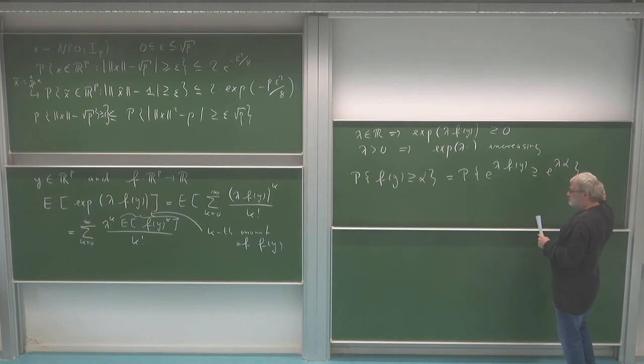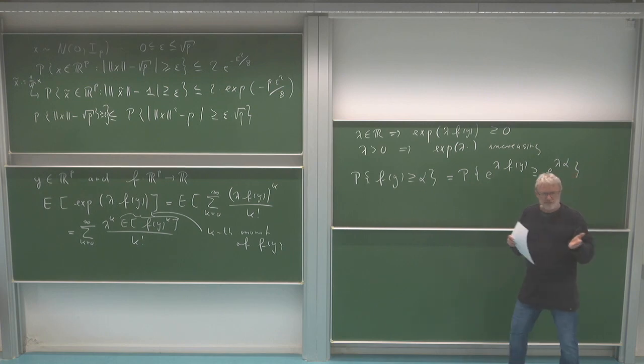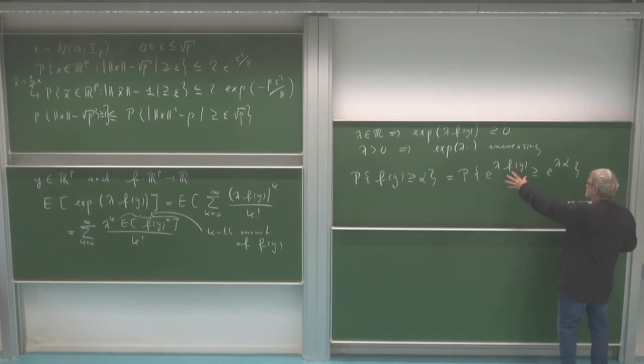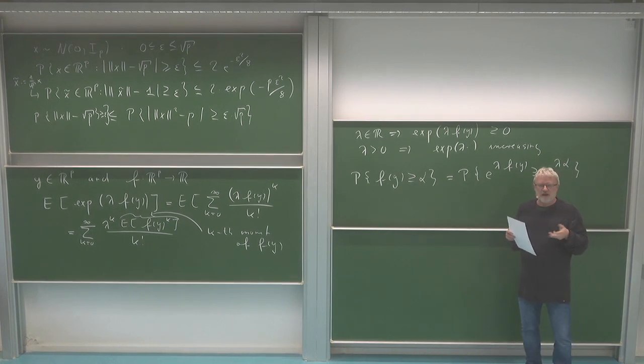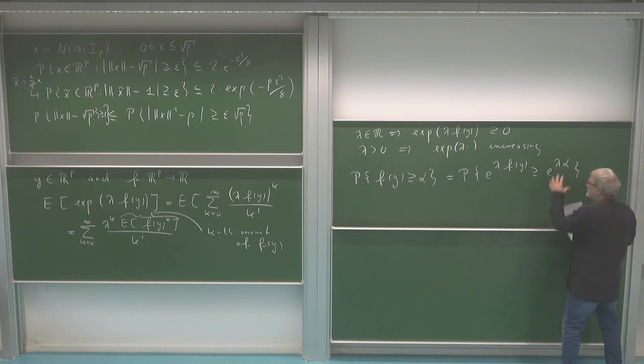Okay, but now I have here a positive function with some distribution, and I can apply the Markov property to this. With Markov, I estimate the probability that my variable is bigger than something against the expectation of my function divided by this something.